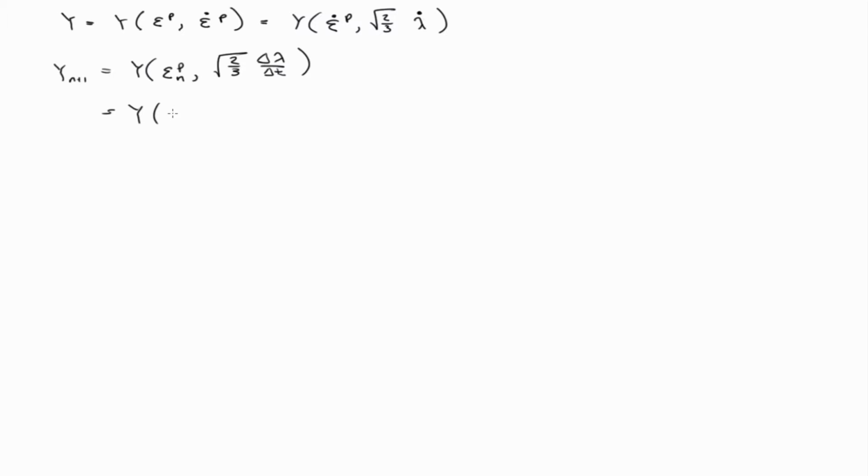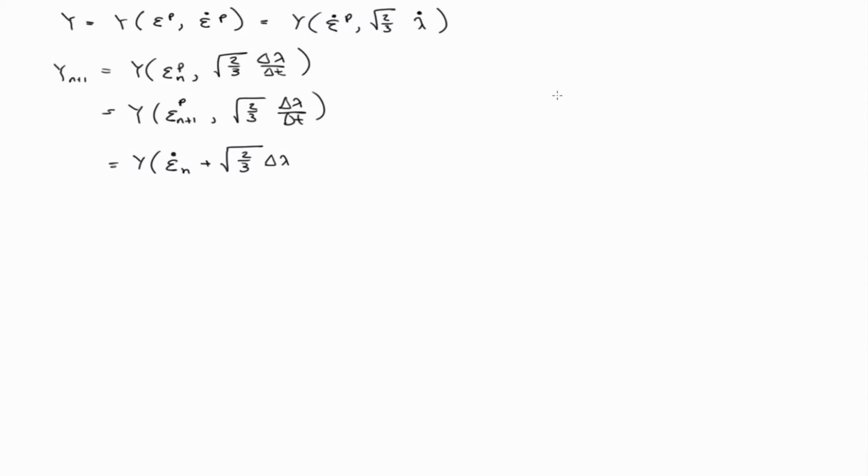But we could also use the current value of equivalent plastic strain, which is an unknown, but it's also a function of, right? So we could write the current value of equivalent plastic strain as the old value plus the rate times delta t.